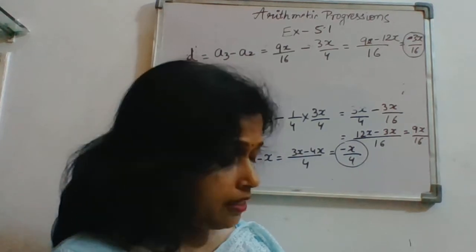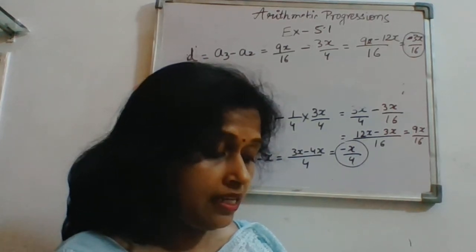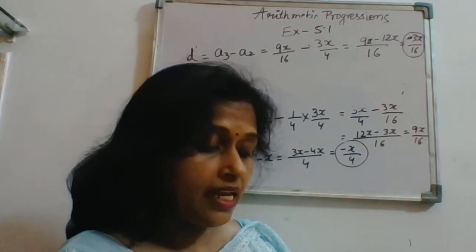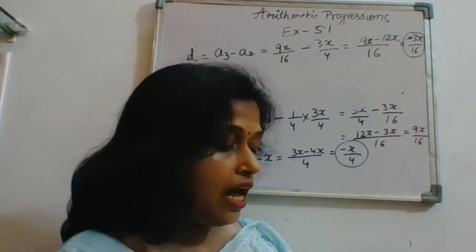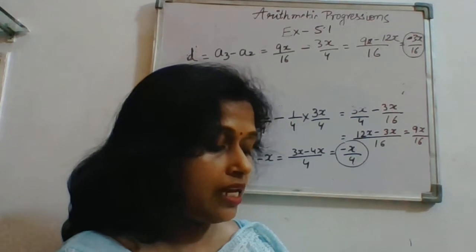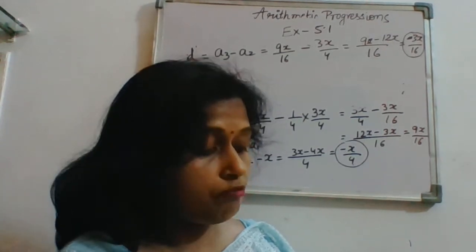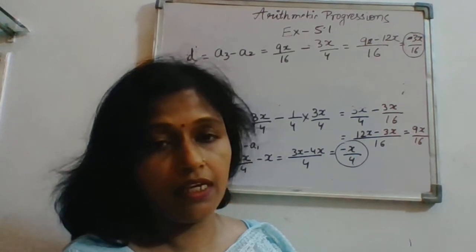Now the fourth part, the amount of money in the account every year when rupees 10,000 is deposited at compound interest at 8% per annum. Now we have to check the amount of money in the account every year.